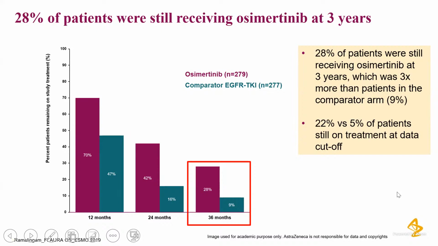So you can see here, at 12 months, 70% were receiving osimertinib while gefitinib 47%, at 24 months 42 versus 16%, at 36 months 28% versus 9%.